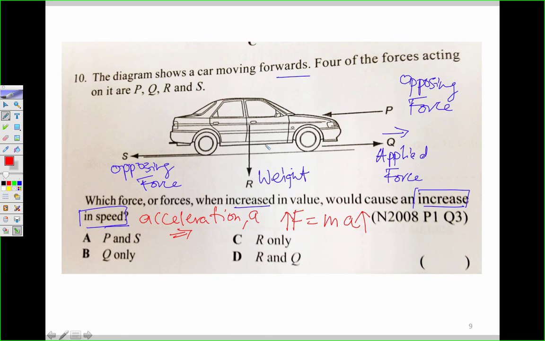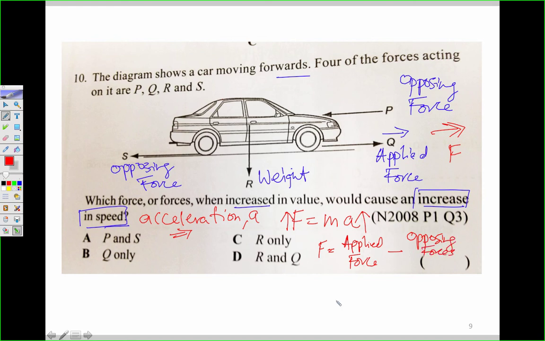In this diagram, how do we increase the resultant force? The applied force is in the same direction as my resultant force F, so I have to subtract all the forces acting in the opposite direction, that is, all the opposing forces.